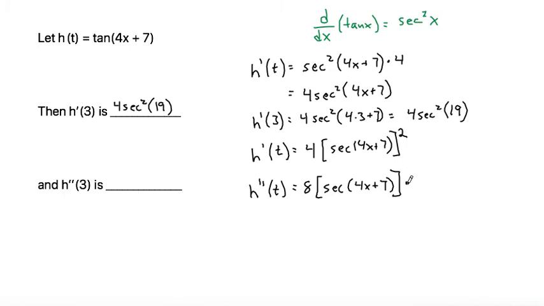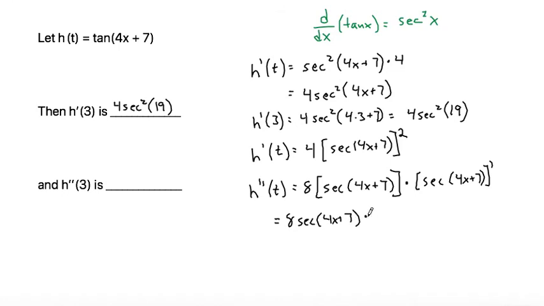But then we have to multiply by the derivative of the inside. Since the derivative of the inside is more than 1, it's going to be another chain rule, so let's first just write this as times the derivative of secant of 4x plus 7. So bringing this down, we can just bring down the 8 secant of 4x plus 7.